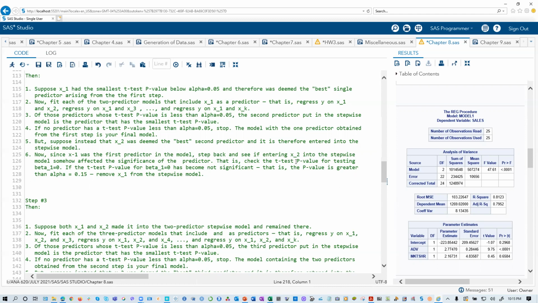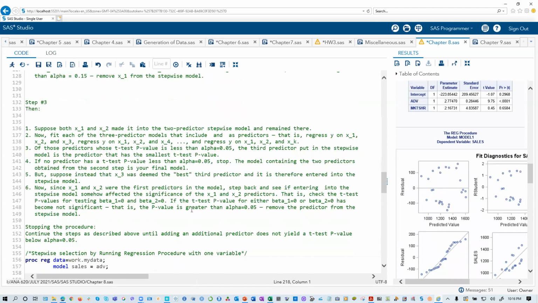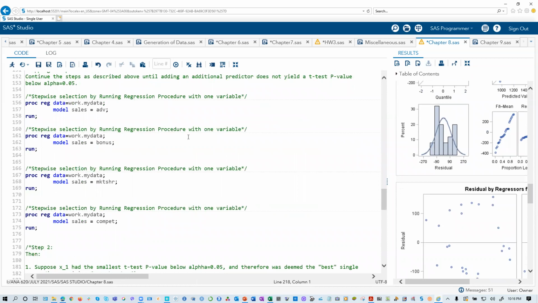That is, check the t-test p-value for testing beta 1 equals 0. If it has become not significant, that is, the p-value is greater than alpha, remove x1 from the stepwise model. That means you have to go ahead and check x1 now again.